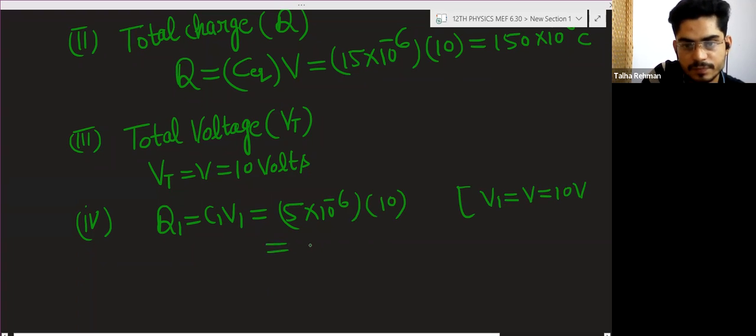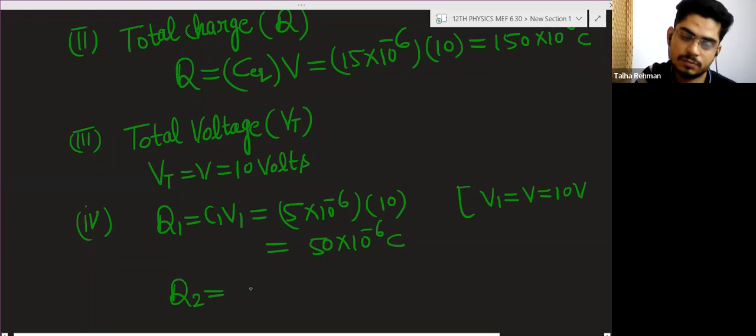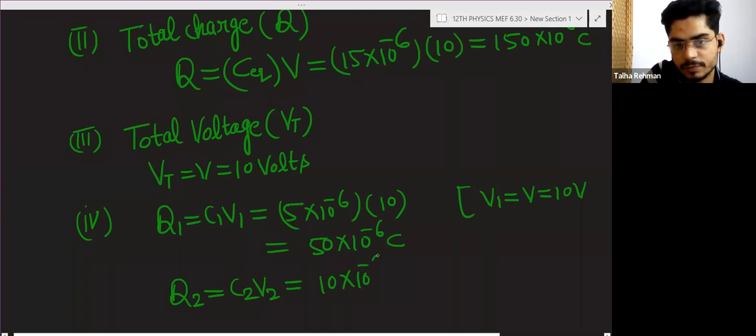This will become 50 into 10 to the power minus 6. So to calculate Q2, it is C2 into V2. C2 is 10 into 10 to the minus 6 into 10. This will become 100 into 10 to the power minus 6.